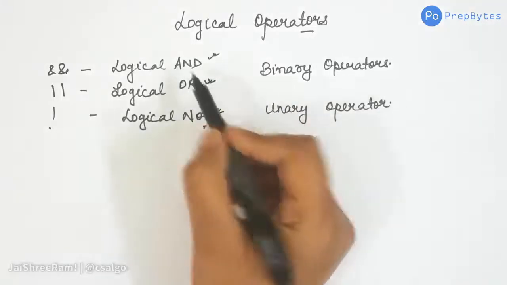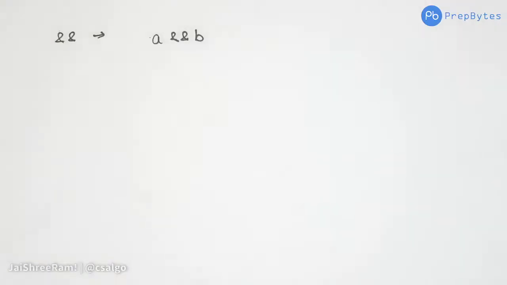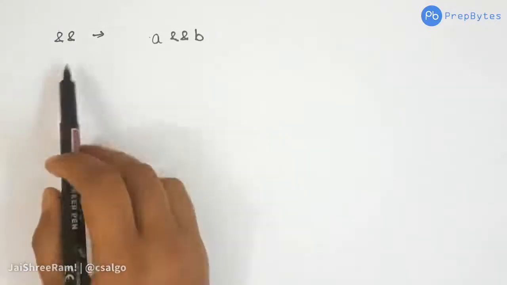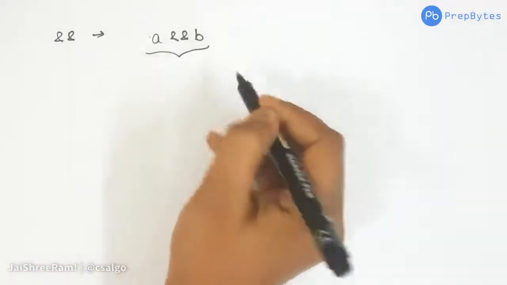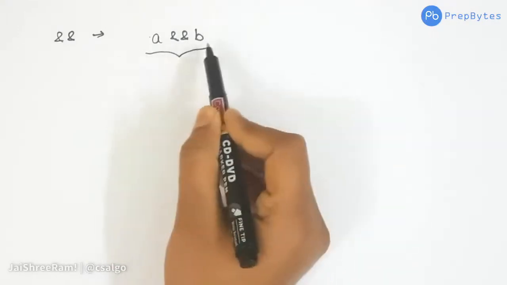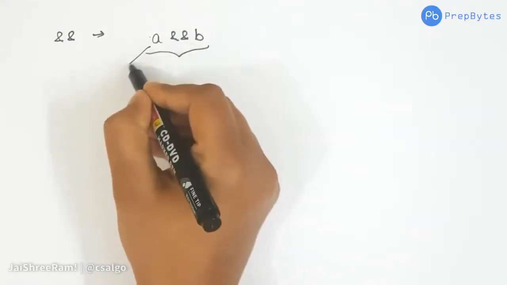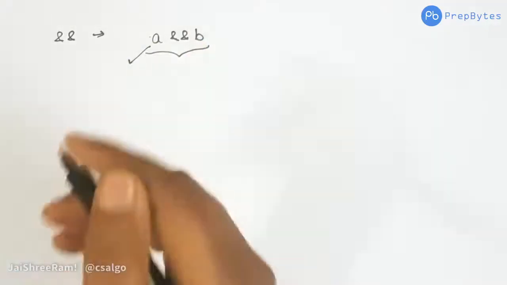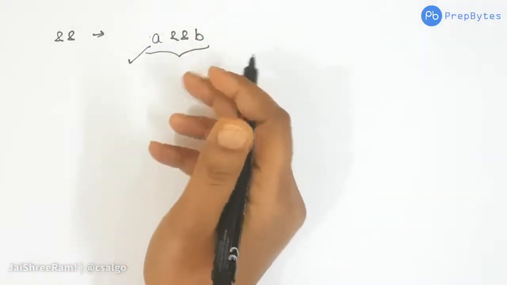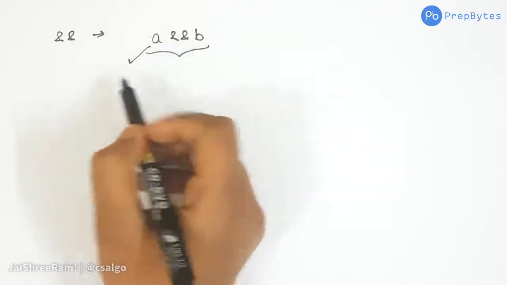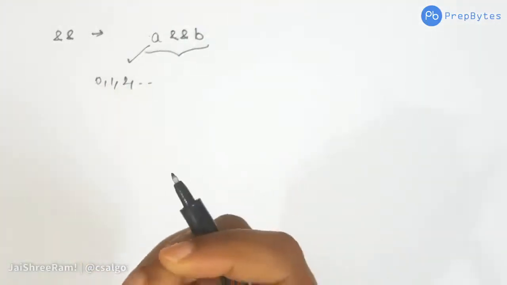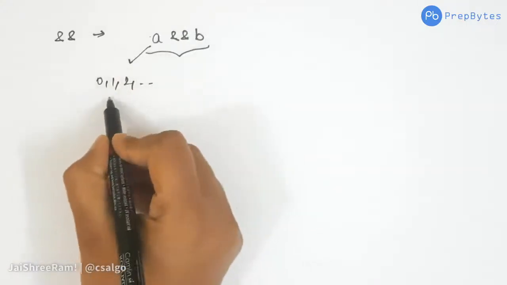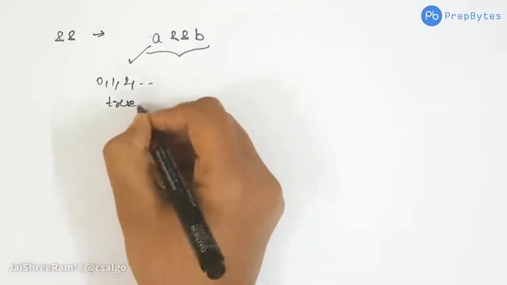Talking about logical and first. So now let's talk about logical and. This is how we can use logical and in our program. For this to make sense, A can either be an integer or a boolean. So A can have values like 0, 1, 2 or several integer values, or A can have a value like true or false.